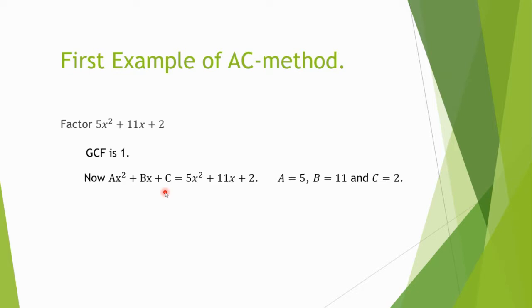So we're going to form the product 5 times 2, and that's 10. By the AC method, we want two numbers whose product is 10 but whose sum is 11.